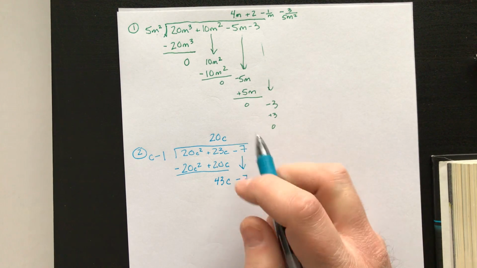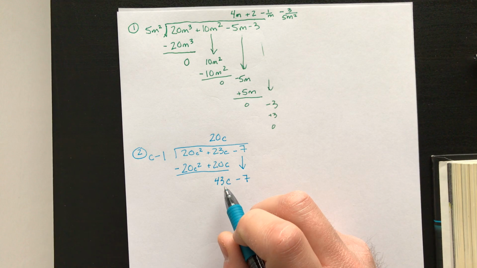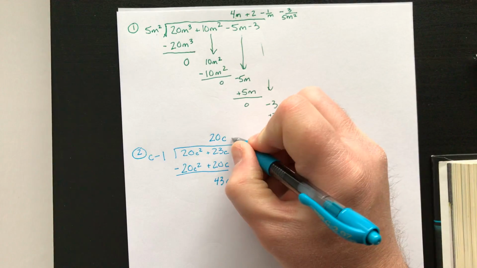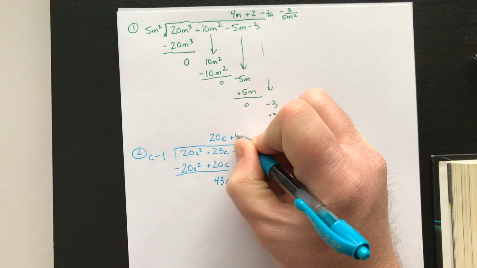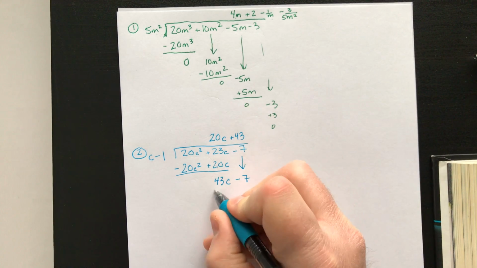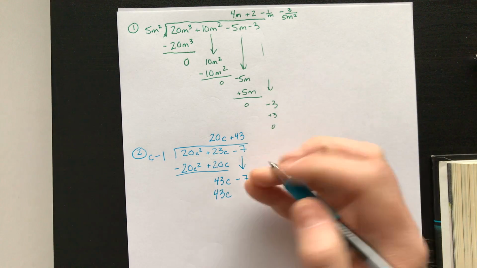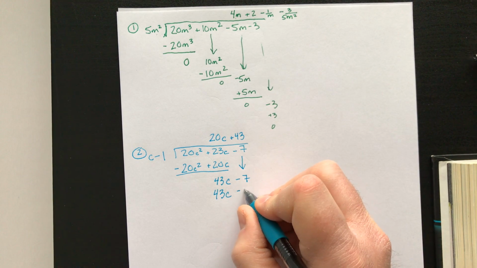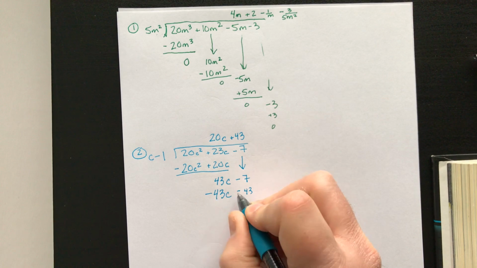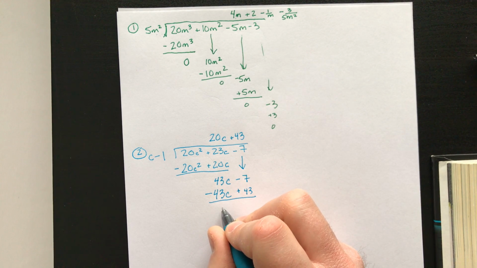So then you ask yourself, what times c will give us a 43c? Well, if we multiply by a 43, 43 times c is 43c. 43 times a negative 1 is negative 43. We change the signs so that this goes to 0. That's what you want to have happen.